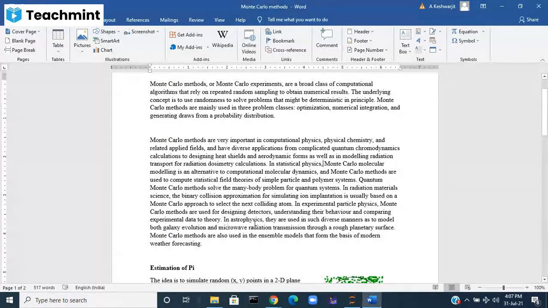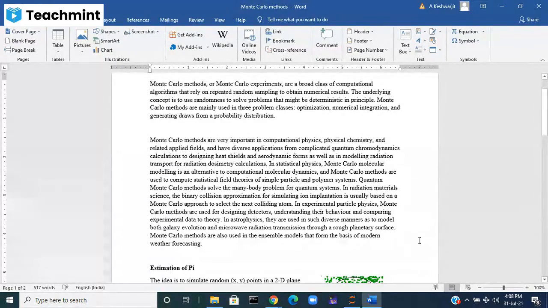In astrophysics, they are used in such diverse manners as to model both galaxy evolution and microwave radiation transmission through a rough planetary surface. Monte Carlo methods are also used in the ensemble models that form the basis of modern weather forecasting.